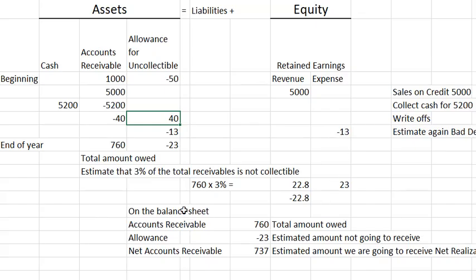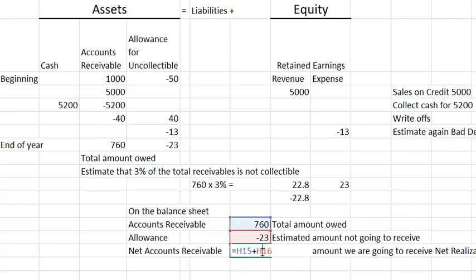So the end result of this, as it said in our slides, on the balance sheet, there's accounts receivable of 760, which probably we would not see. That's the total amount owed. That's from this column. The allowance is 23, right? We're at negative 23. That's how much we estimate we're not going to receive.